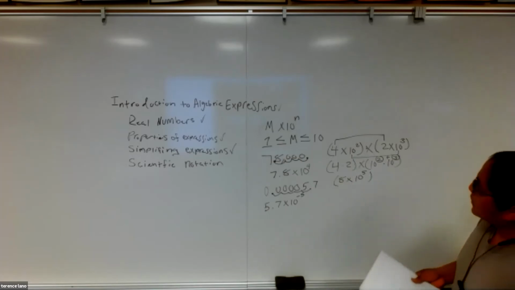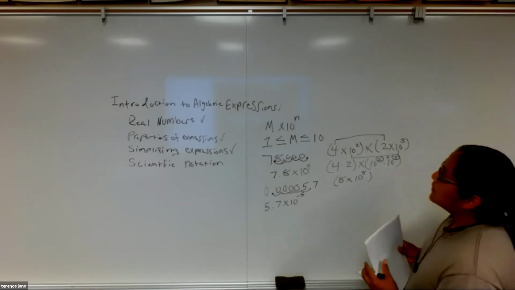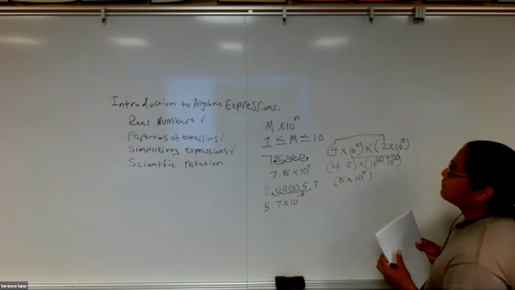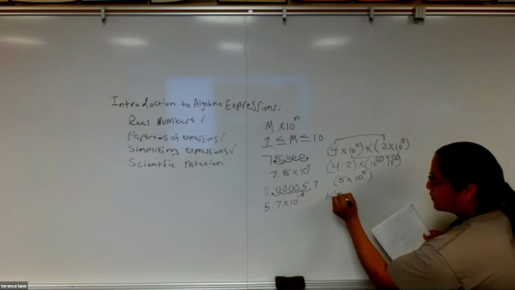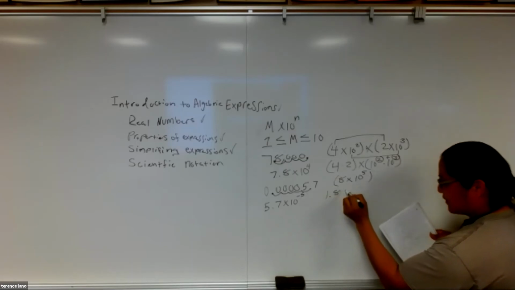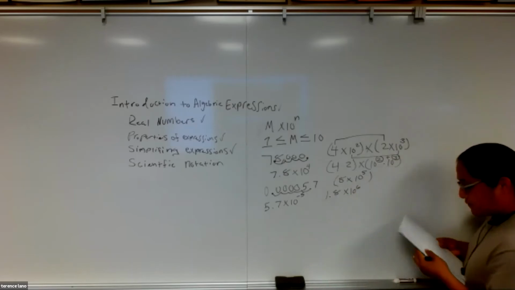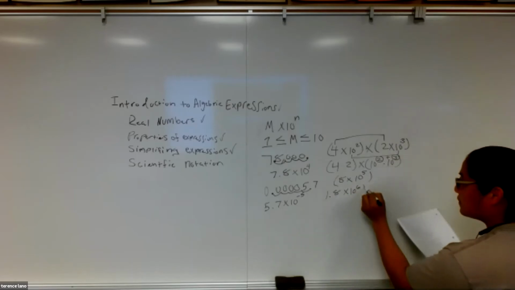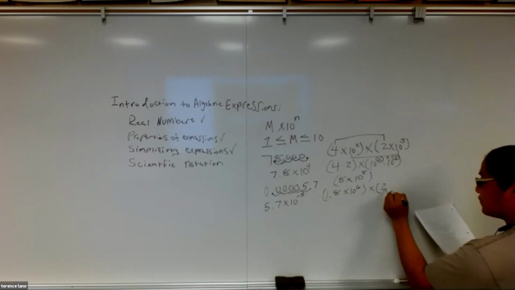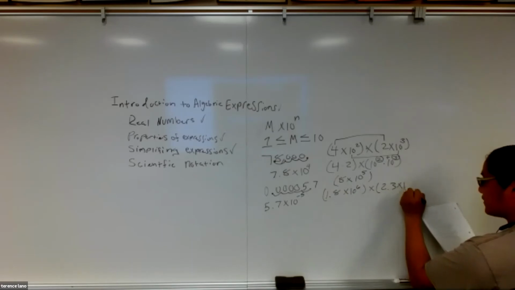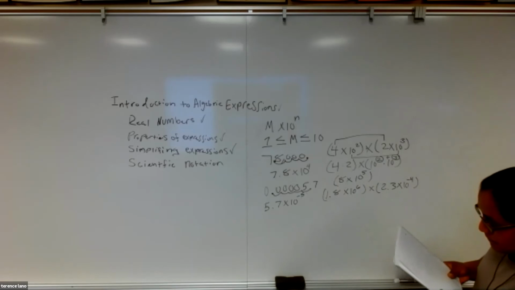And that works the same way when you're given a notation that is in a decimal form, which, one example could be 1.8 times 10 to the 6 times 2.3 times 10 to the negative 4.